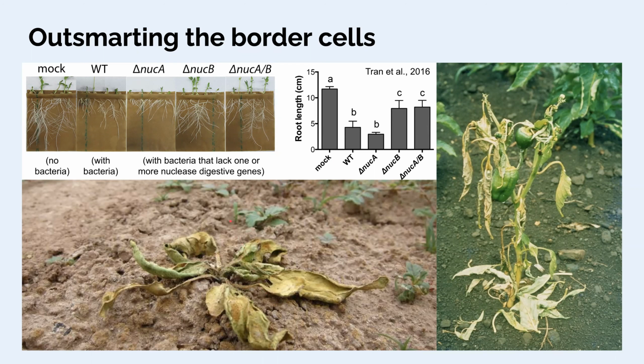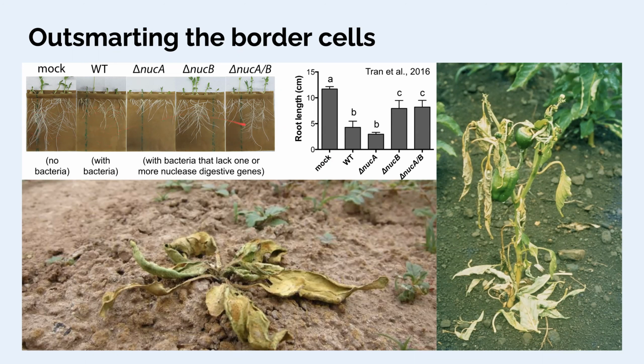And what they found is the bacteria are a little more effective here at being able to basically attack the plants and disable their growth. So without bacteria, the roots grow better. With bacteria, the roots are not growing as well.